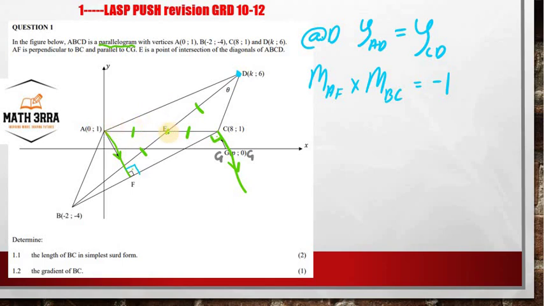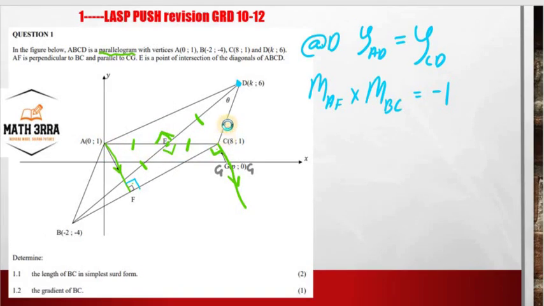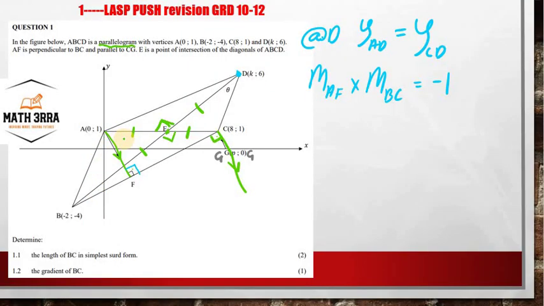AE, which is equal to EC as well. Also, we know that the diagonals of a parallelogram meet at 90 degrees, meaning line AC is perpendicular to line BD, right?